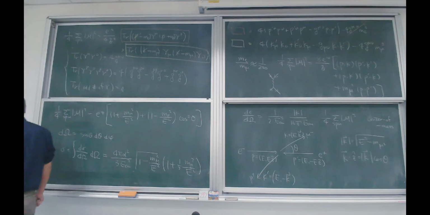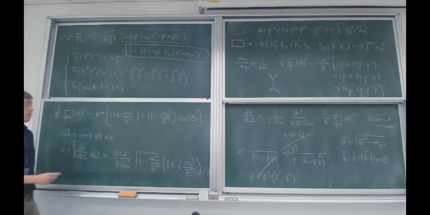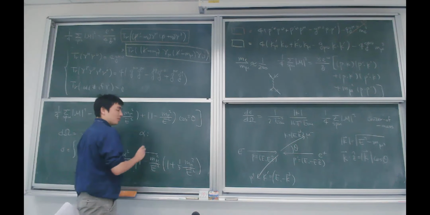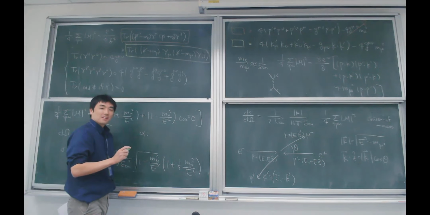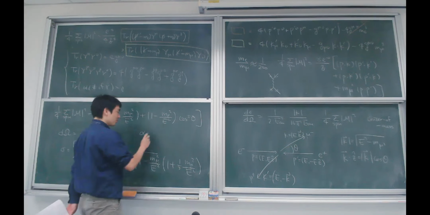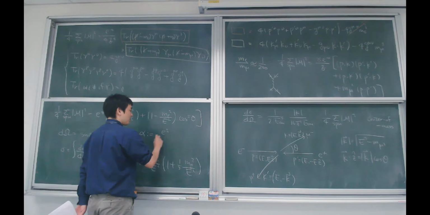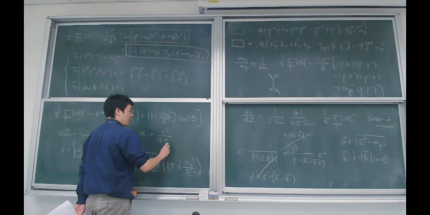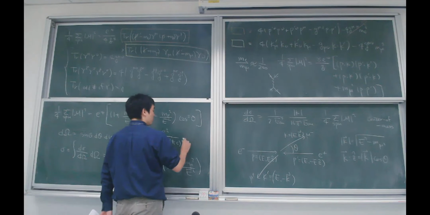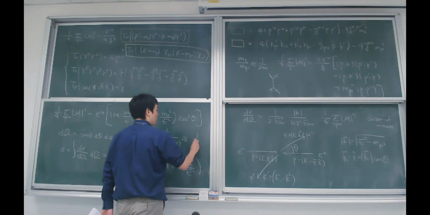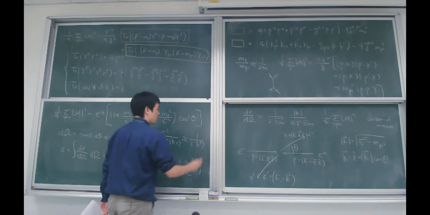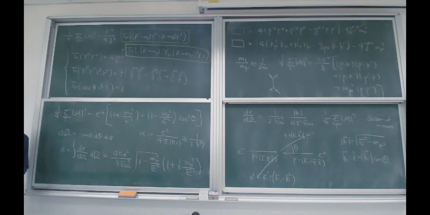This is the total cross section that you get. So alpha is called the fine structure constant. Do you know alpha? E squared over 4 pi, with hbar c set to one, which is approximately 1/137. Okay. So that's the case.